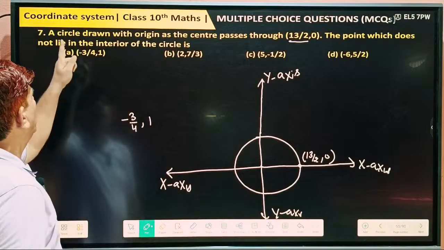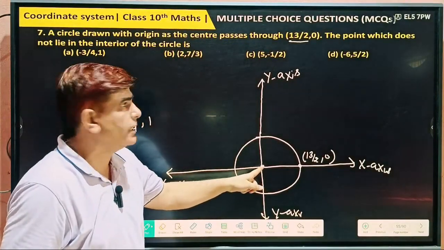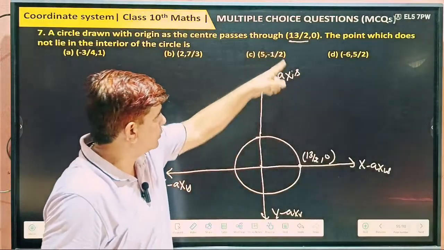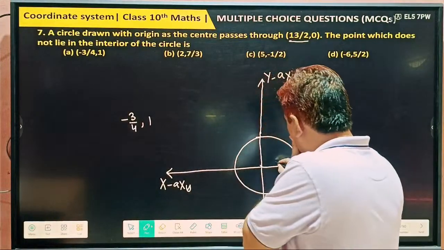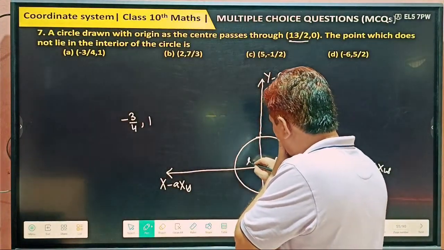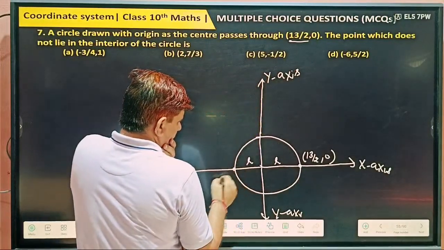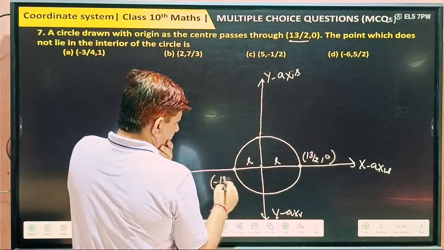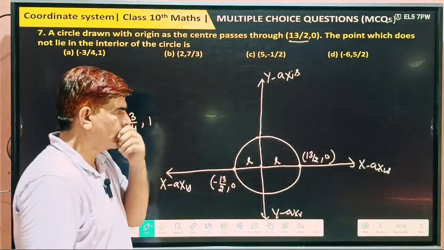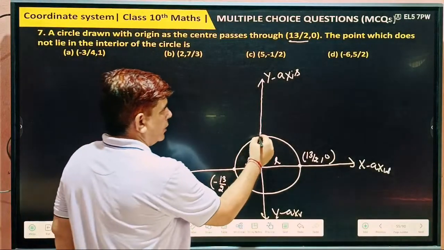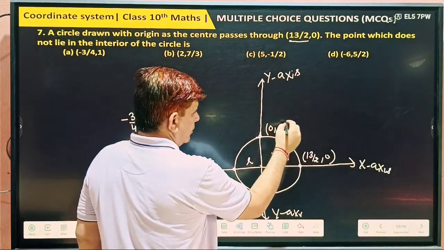This is given: a circle drawn with origin as the center. So this origin I have taken as the center. It passes through this point. So this is also the radius. What are the coordinates of this point? This point is minus 13/2 and 0. What are the coordinates of this point? 0 and what?